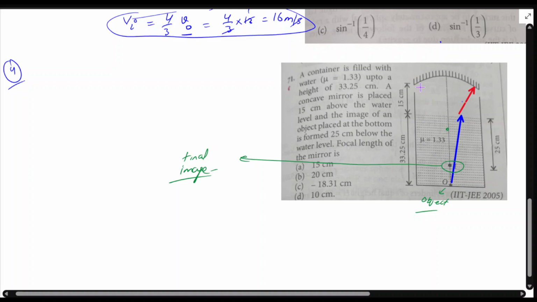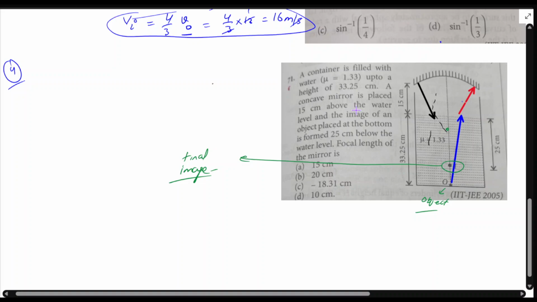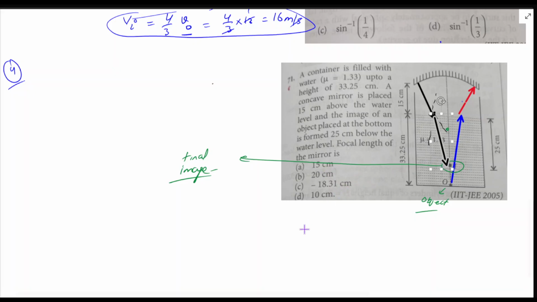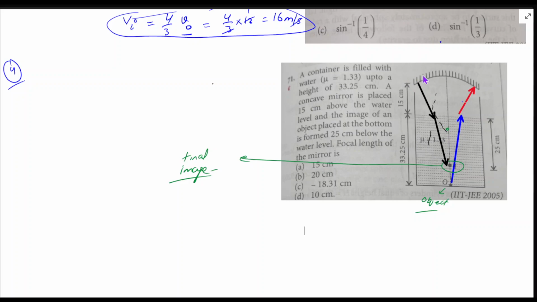If these rays are coming towards this point, then they will bend towards the normal. So let's make the normal here. This is the normal, so they must bend towards the normal. If they bend toward the normal, they will move like this, right? And hence the image will form here. So actually after reflection, the image should form here.